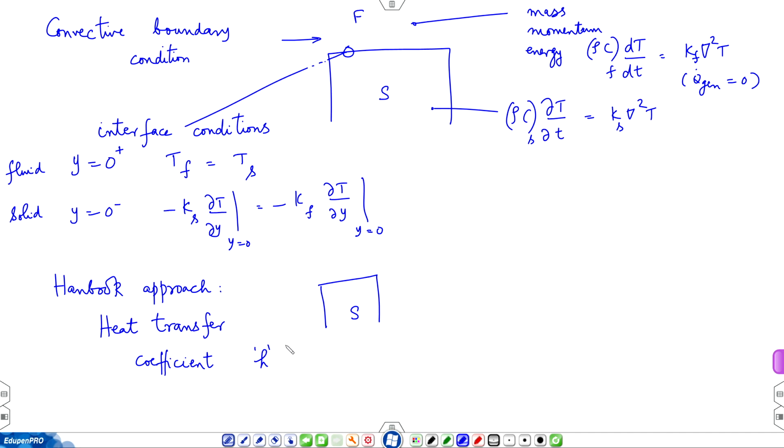First of all, it decouples the solid and the fluid phases. H will contain information about the influence of fluid motion on heat transfer. How exactly does it work? So, that we will see on Monday.